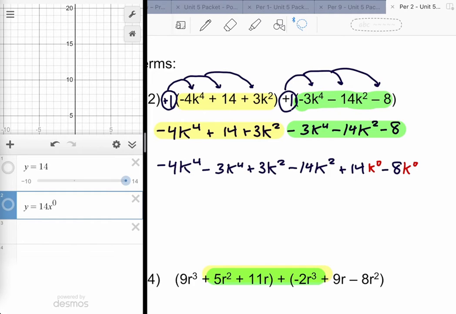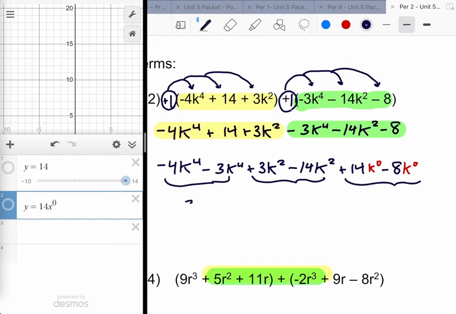All right. So now that the expression's reorganized, I can group, well, I have grouped, I can combine like terms. All right. Combining like terms means leave the variable alone, combine only the coefficients. So I have negative 4 minus 3. That's going to give me a negative 7. Bring the k to the 4th along for the ride.